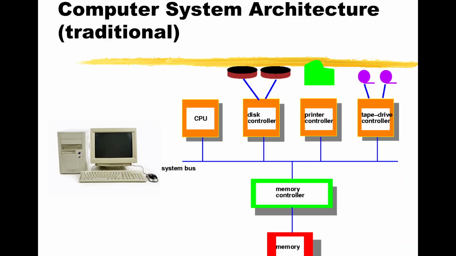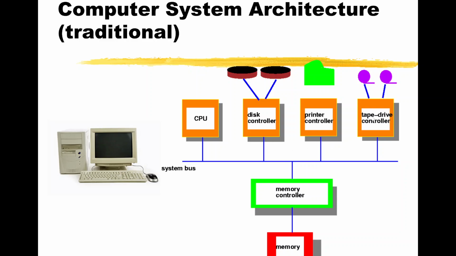Now, this is a traditional computer system architecture. You have the computer system, and that computer system has the CPU, the central processing unit. It has the memory, where it stores data, and the disk. It has the printer controller.